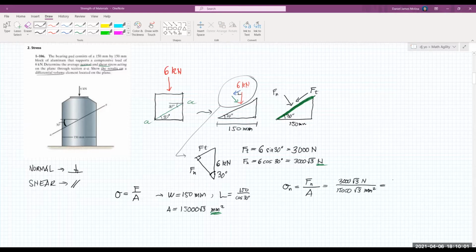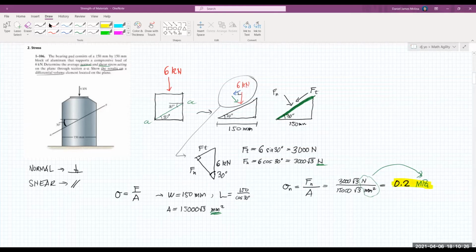And newton per square millimeter is actually megapascals. Okay, so this is actually megapascals. And then, of course, by using our calculators, or by simply simplifying the value here, the normal stress is 0.2 megapascals.